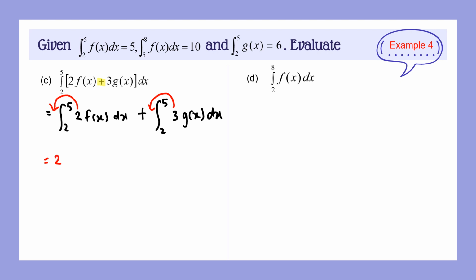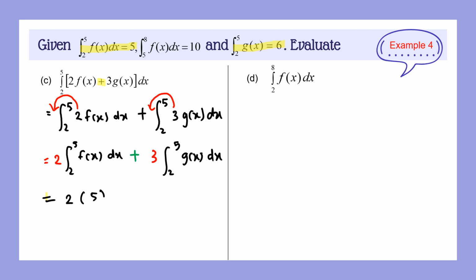So then we get 2 integrate 2 to 5 f(x) dx plus 3 integrate 2 to 5 g(x) dx. And then from the information, integrate 2 to 5 f(x) dx, we get 5. Integrate g(x) dx is equal to 6. So then we get 2 multiplied by 5 plus 3 multiplied by 6. So finally we get 28 as the answer.